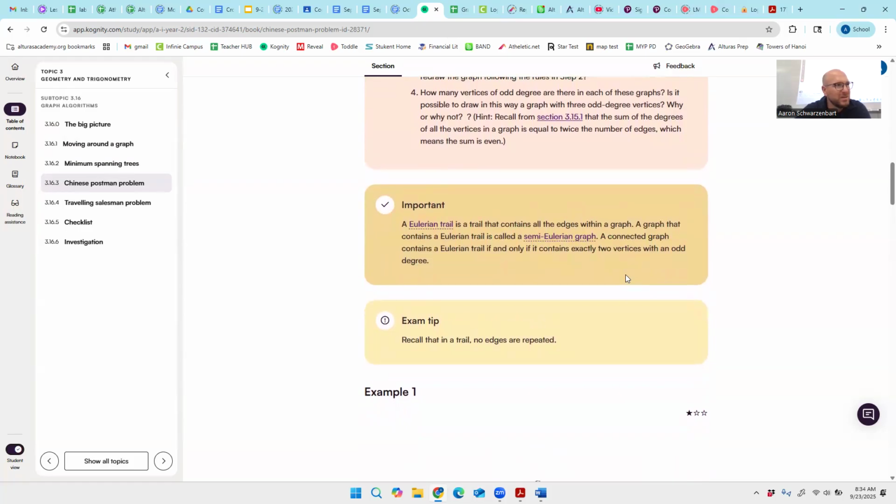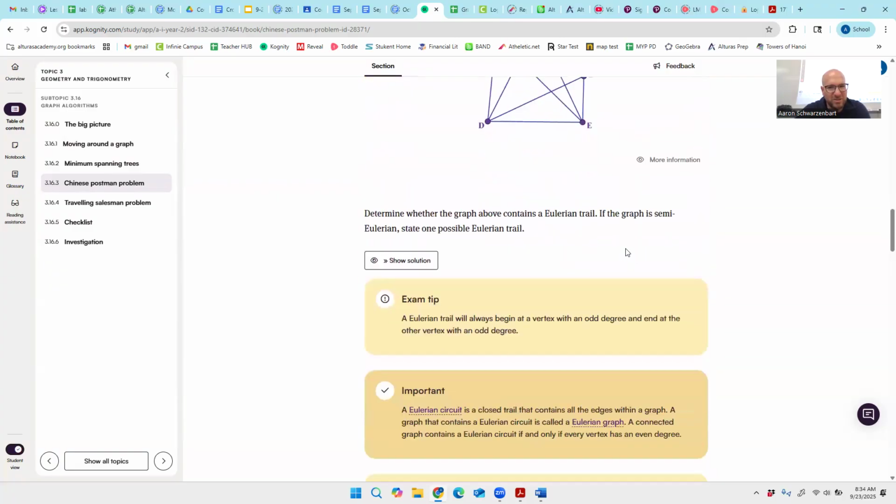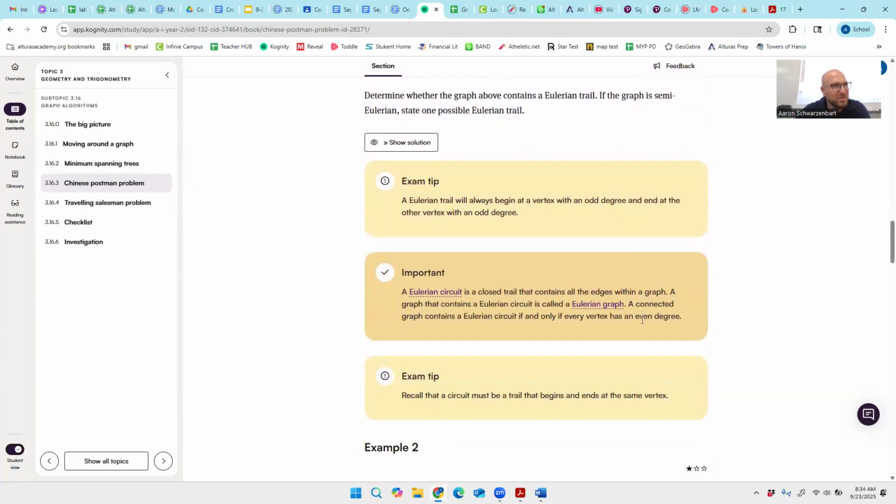But isn't a circuit also a trail? But it can't be, because they don't meet the same condition, to be a trail that begins and ends at the same vertex.